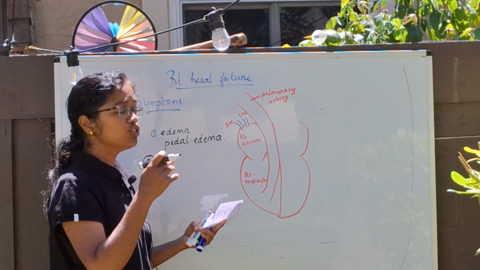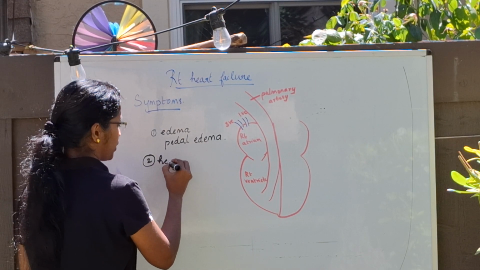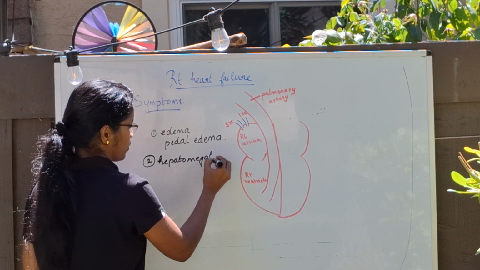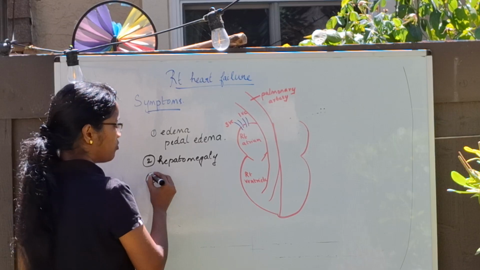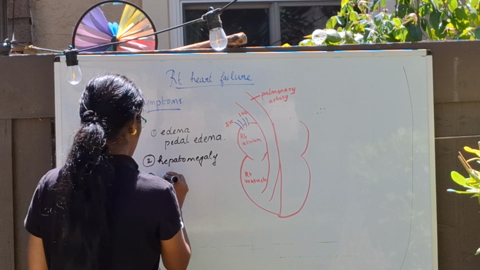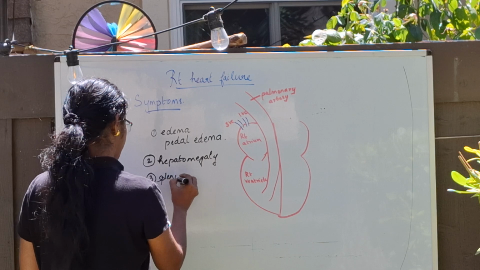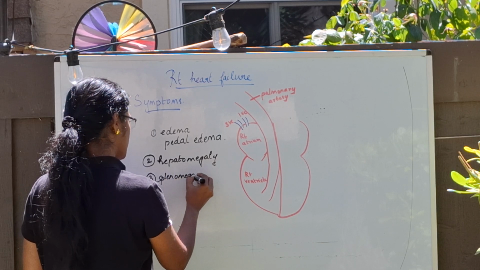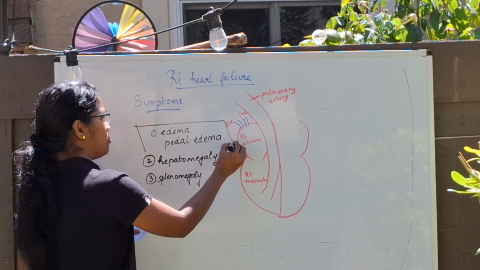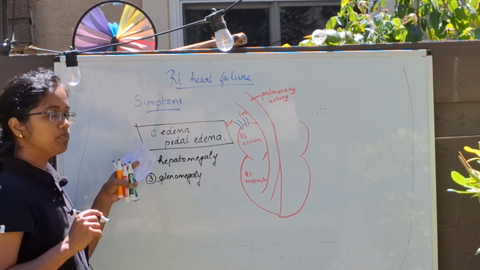It does not happen, so they can also present with hepatomegaly. Similarly, the venous blood from the spleen gets stagnant, and they can also present with splenomegaly. But the most common symptom will be pedal edema.